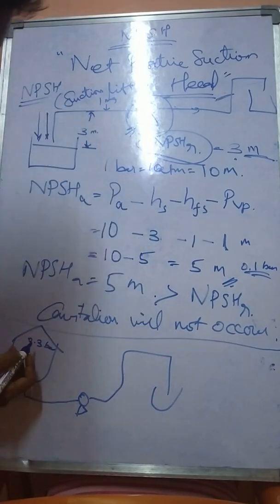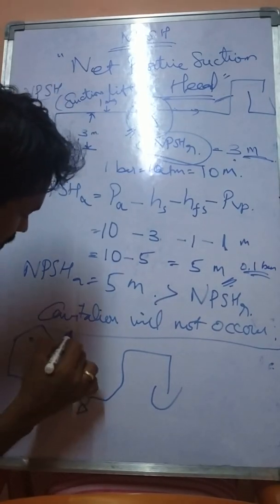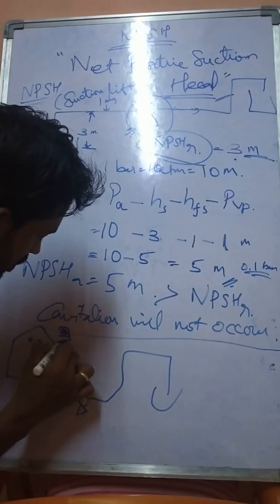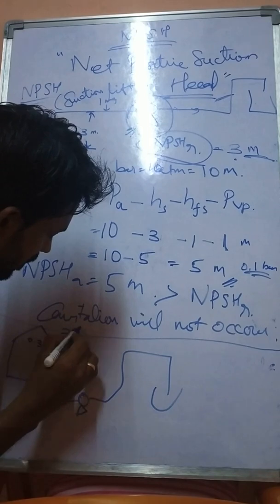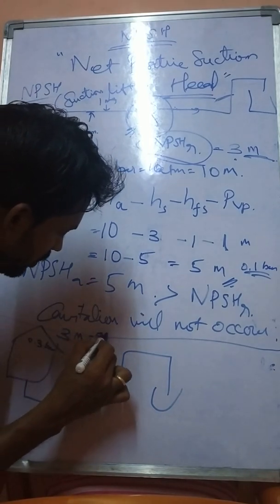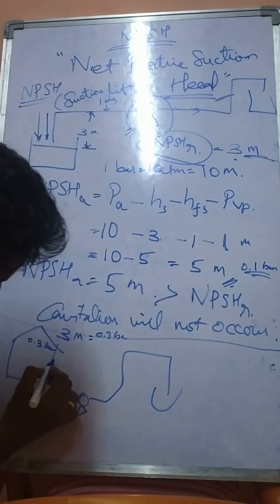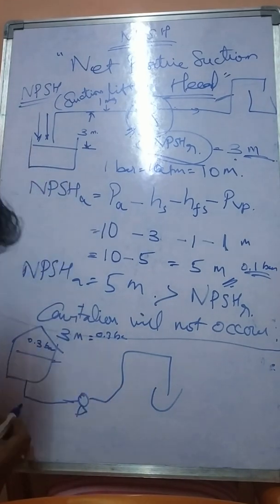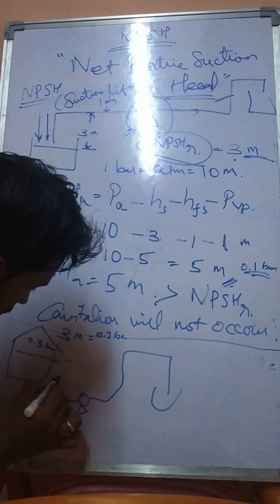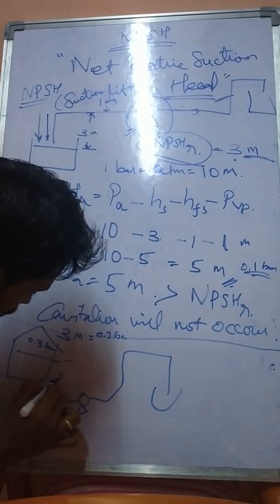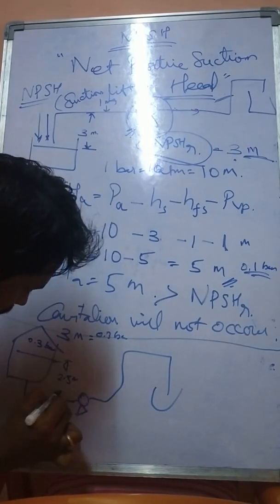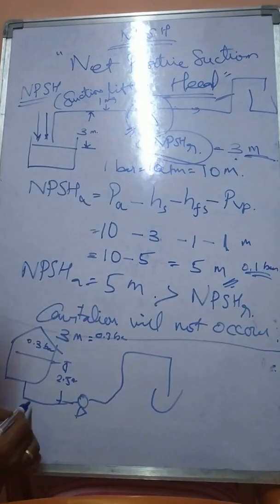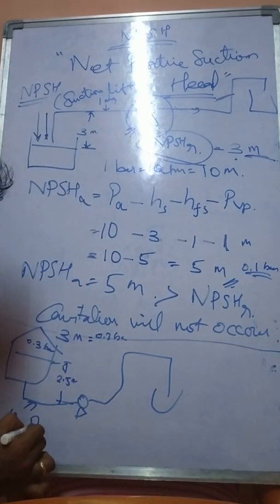So if you go for absolute pressure, 0.3 bar means it will be 3 meters. And from the liquid level to the suction line, this will be positive. So you take it as, for example, 2.5 meters, and HFS will be similarly 1 meter.